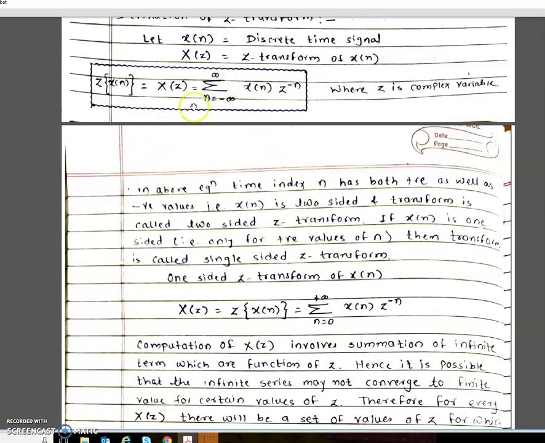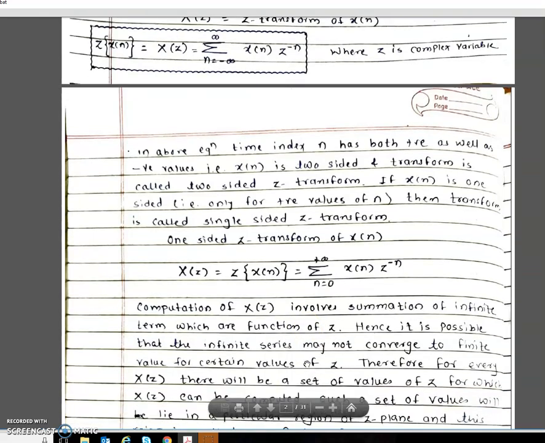If this limit changes from 0 to infinity, that is, the signal is a causal signal, which changes from 0 to infinity, then this is called a single-sided Z transform. The only difference between this equation and that equation is that the limits of n change from minus infinity to infinity over here, but here from 0 to infinity. The rest of the things are the same.